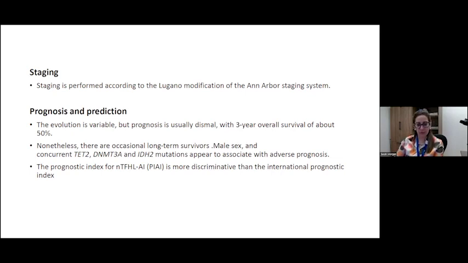There are certain features which will portend more of an adverse prognosis, like the male sex and certain concurrent genetic abnormalities. And the prognostic index used is something very relevant to the nodal follicular helper as opposed to the international prognostic index. Thank you. That's the end of my case, and I'm happy to take any questions.